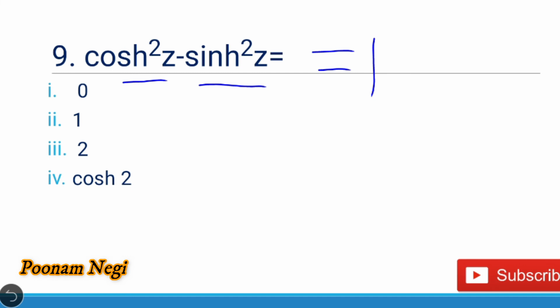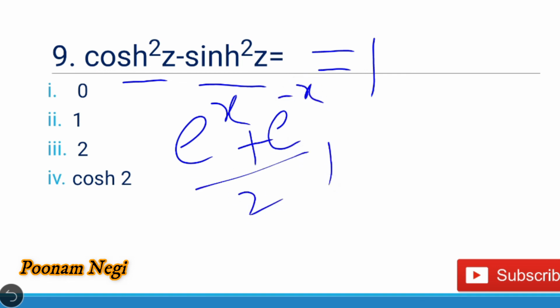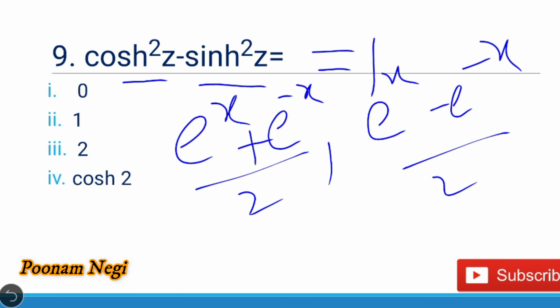You can easily verify this formula by replacing cos hyperbolic z by e to the x plus e to the minus x upon 2 and sin hyperbolic x by e to the x minus e to the minus x upon 2. So the correct answer is option number 2.